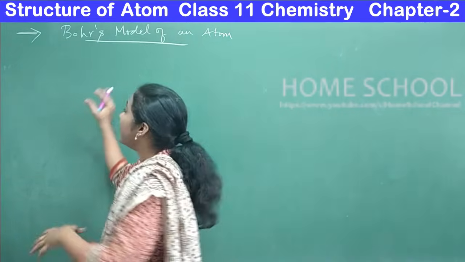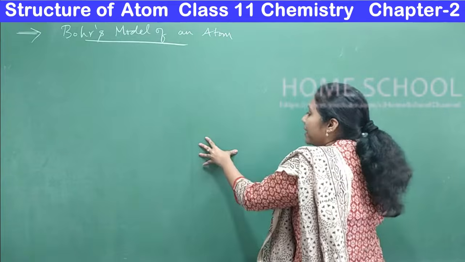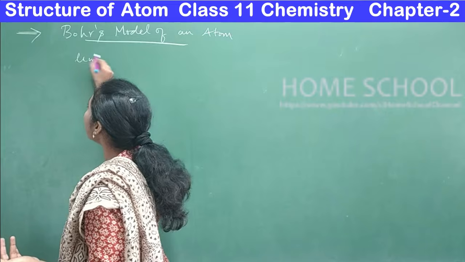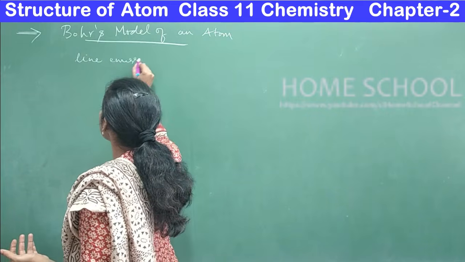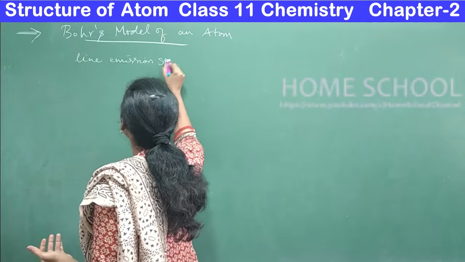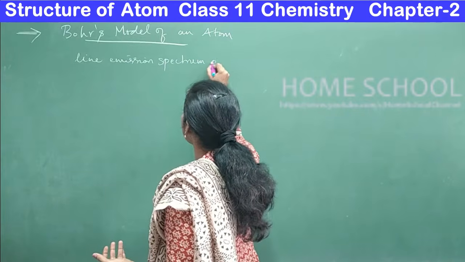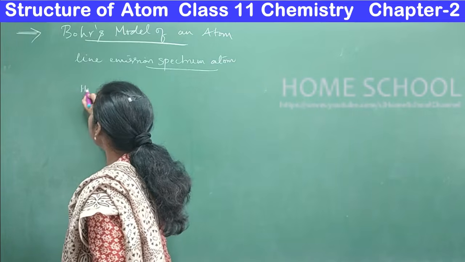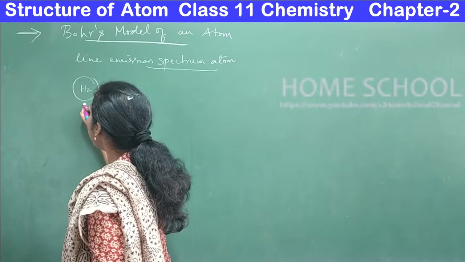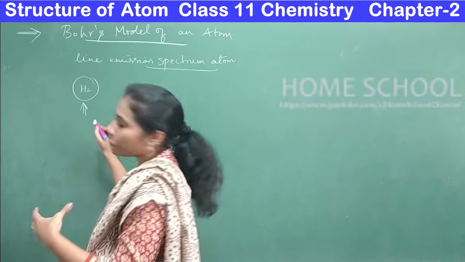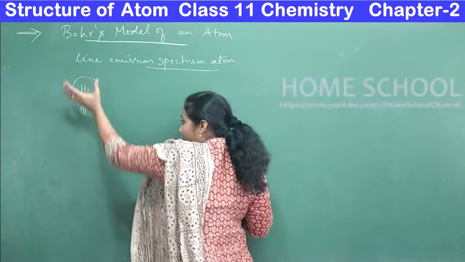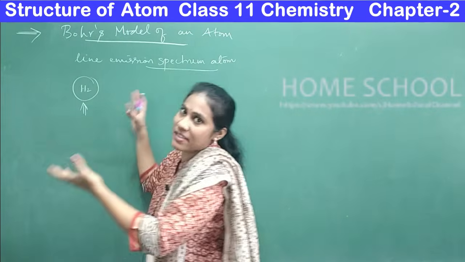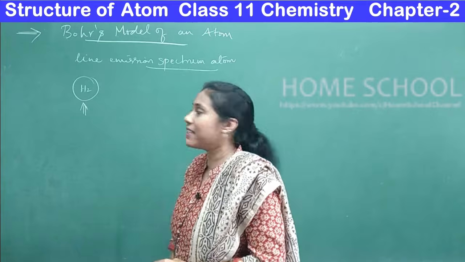I can say that he gave his model based on the line emission spectrum of hydrogen atom. He has done an experiment. He took hydrogen gas, and he supplied some external energy, in the form of electricity or radiations, or he heated this hydrogen gas.